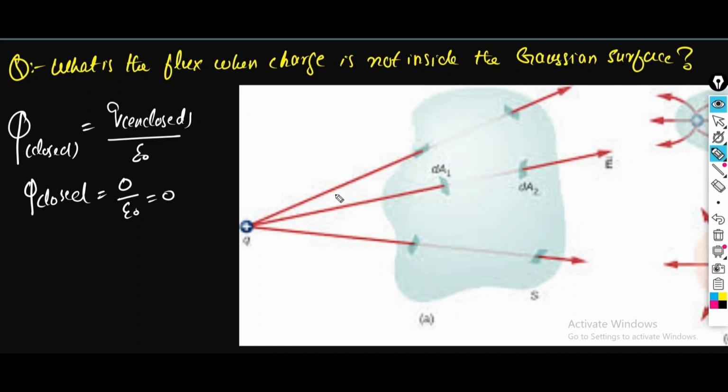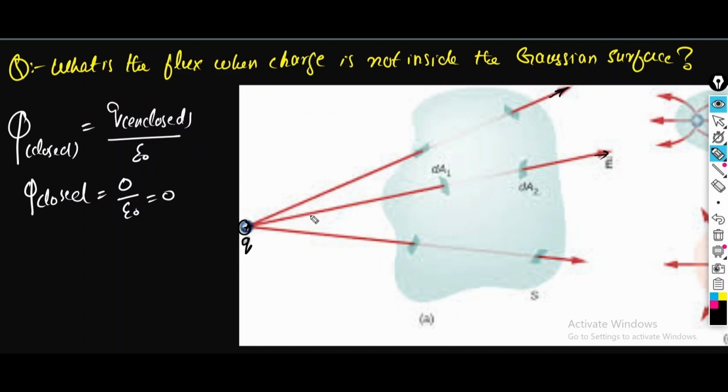So what is the mathematics behind this? Here we have a positive charge and the electric field lines moving away from it in this direction. This is another electric field line moving away, and this is the area where it enters into the Gaussian surface.